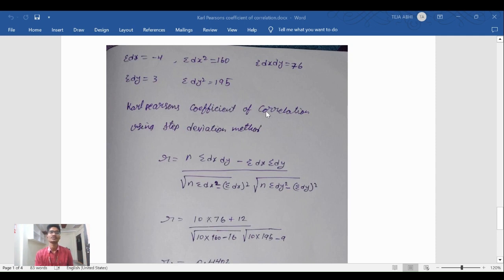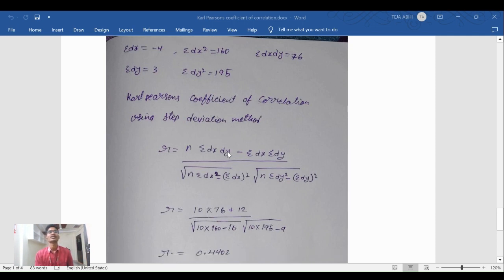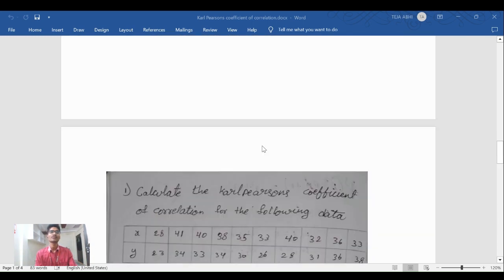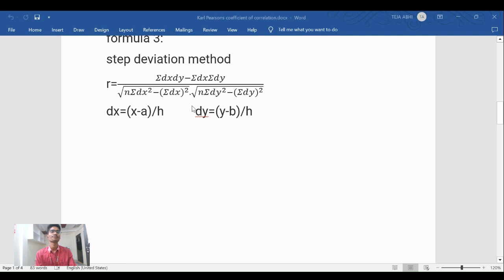So for Karl Pearson's coefficient of correlation using the step deviation method, the formula is r is equal to n into summation dx dy minus summation dx into summation dy, divided by root of n summation dx square minus summation dx whole square, into root of n summation dy square minus summation dy whole square. Make sure that the formula is similar to this.